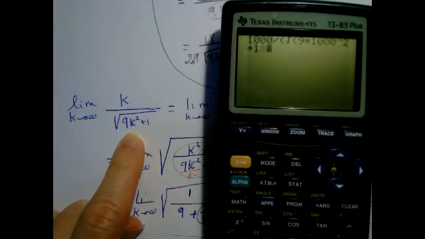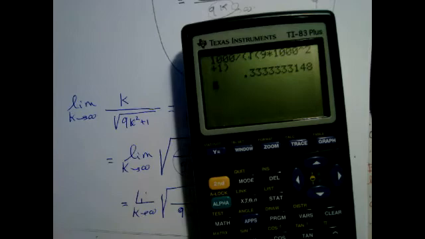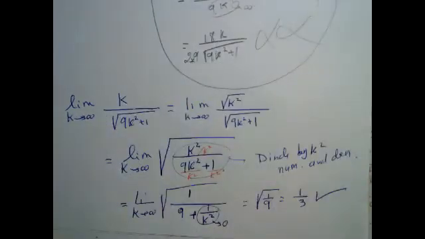I'm getting almost 0.3333, which is a third. So that's really what we're doing. We're asking ourselves what happens for K large, but we will have to do it algebraically. So you will be required to do the same work I am doing. All right. Thank you. Now let's look at your other problems.